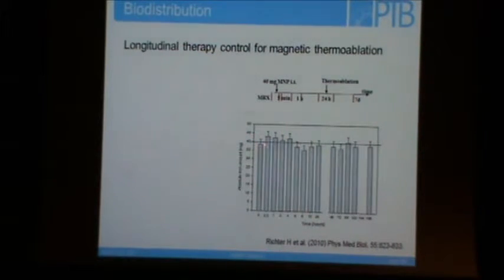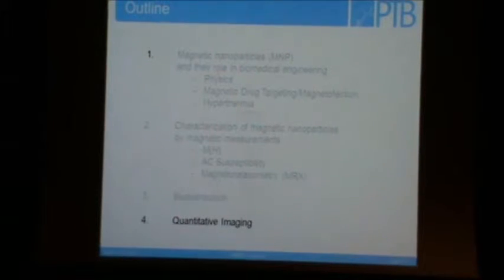And you see here that we observed these mice for 1 week. And we could observe the amount of particles in this animal for this whole time. And this animal was treated with hyperthermia, and so this longitudinal study could be accompanied by magnetic relaxation measurements that made sure that the particles were not disseminated from the mouse.